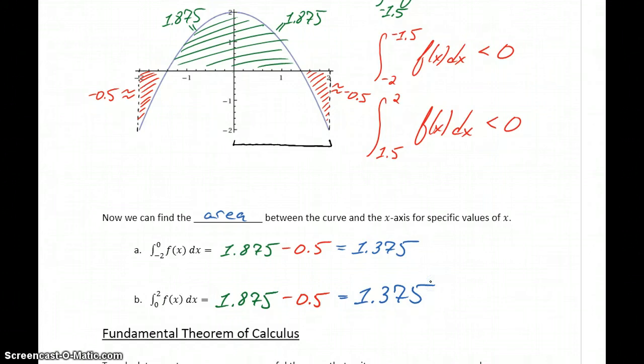So calculating these definite integrals comes down to finding the area between our curve and the x-axis, identifying whether that's positive or negative, and then just adding those different areas together. So in general, we won't know what these different areas are. It's going to be our job to apply calculus, actually use some theorems and techniques to come up with these different values.